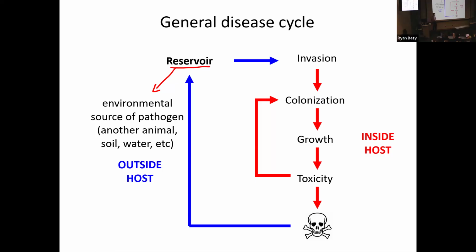Then you're going to get some signs and symptoms because of that, and in severe cases, maybe even death. But at some point, the pathogen is going to pass from the host back into the reservoir, and then it can repeat that infection disease cycle in a new host. So this is a cyclical set of steps: invading a host, growing up inside the host, passing from the host back out to a reservoir, and then passing from the reservoir and infecting a new host. We're going to start exploring that in a little more detail.